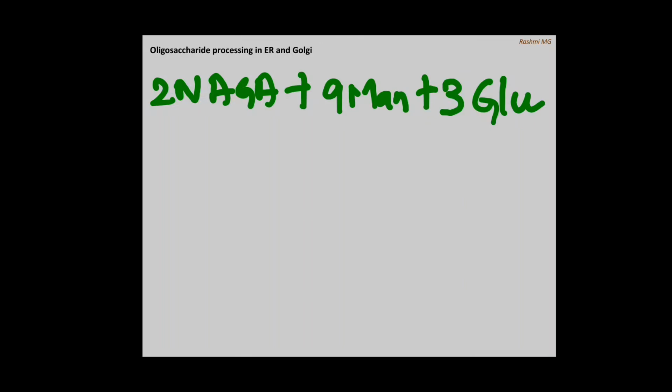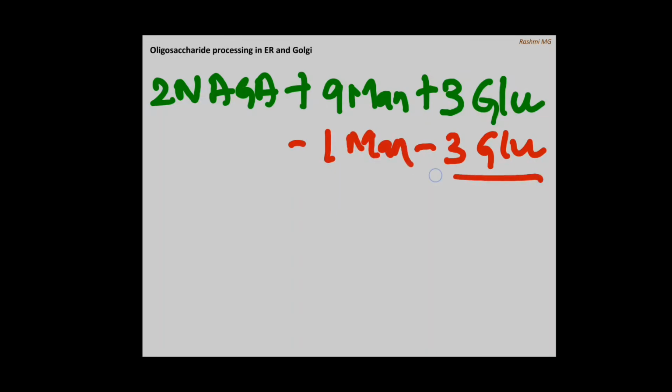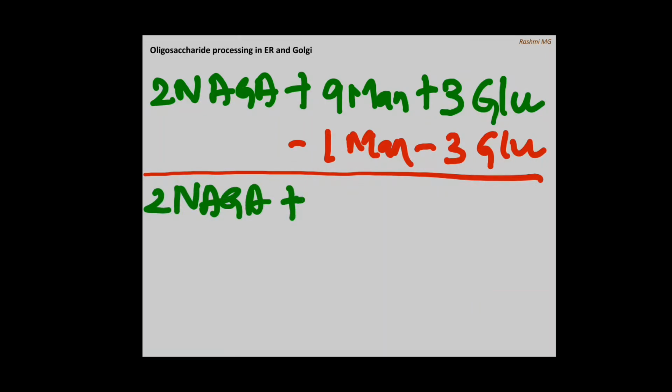So in the first step, how many glucose are removed in ER lumen? 3 glucose are removed, and also 1 mannose is removed in the first step. So let us count now. 2 NAGA is the same, plus 9 minus 1 is 8 mannose, and there is 0 glucose left.